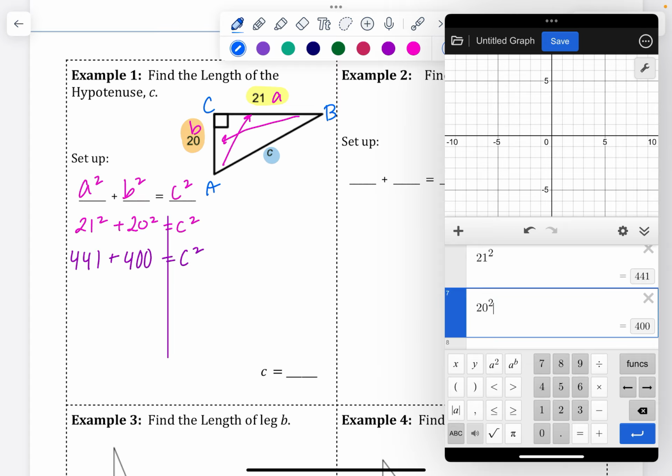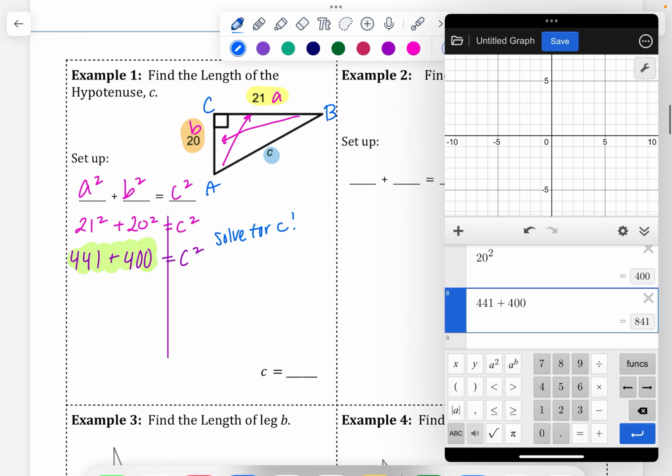From here, we go ahead and solve for C. Okay, from here I can go and combine. Let's combine 441 plus 400. All right, that gives me a value of 841 is equal to C squared.